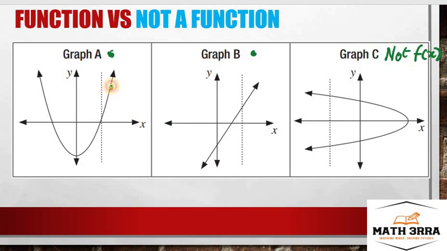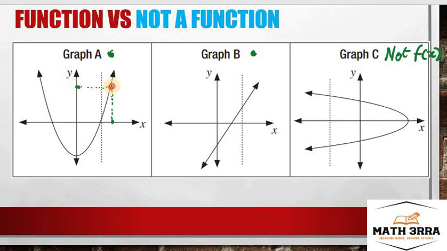Let's look at this point in here. At this point on graph A, we have both x and y values at this coordinate. We have a corresponding x value in here, and we have a corresponding y value in here.